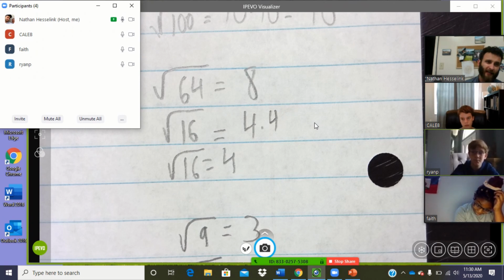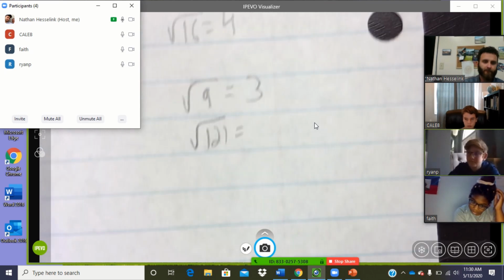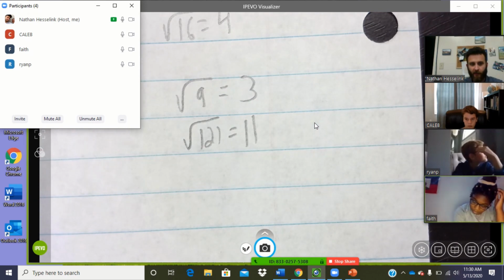If you don't know your multiplication tables, this is a lot harder. I know my multiplication. Because you got to think of the number that is the same number that multiplies twice to get to 121. Oh, 11? 11. 11 times 11 is 121. So the square root of 121 is 11.